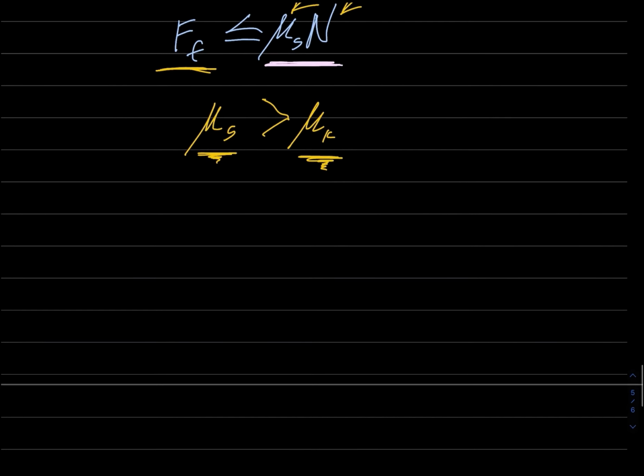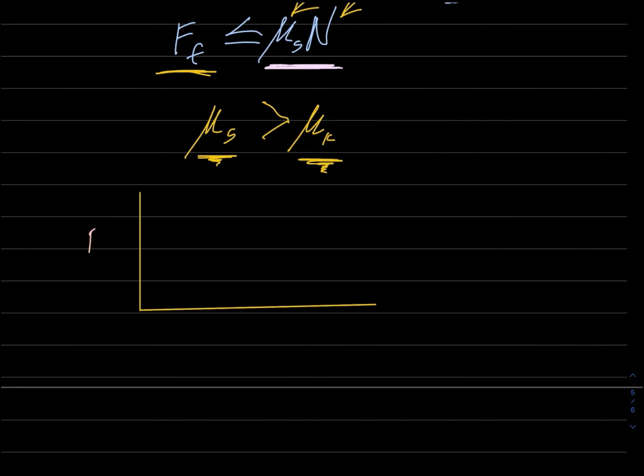So there's a little chart that you may see, where here's the friction force between a mass and its surface, and here's the applied force that you're putting on it. So this is you pushing on the box, and this is how much friction is pushing back on you to try and keep the box there. As you apply more force, the box doesn't move. Friction will keep up with you.